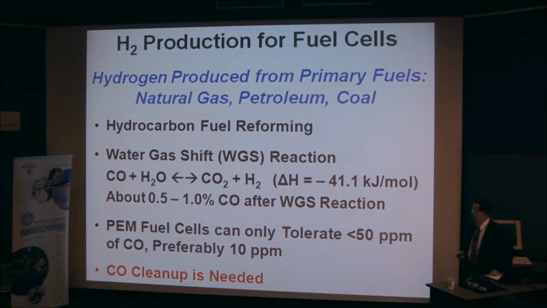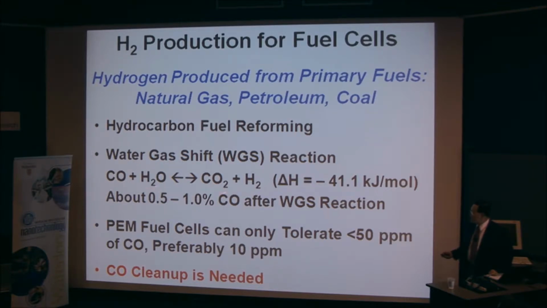So for all those carbonaceous material, we must deal with water gas shift reaction. Try to convert carbon monoxide, have that react with steam to produce more hydrogen, and get the carbon monoxide to go down as low as possible.